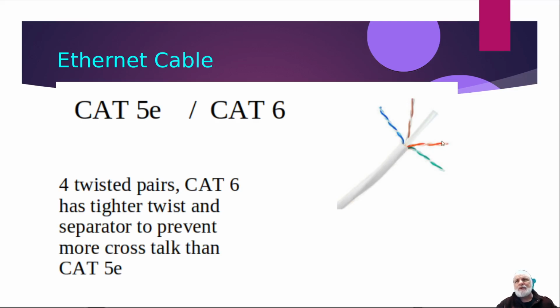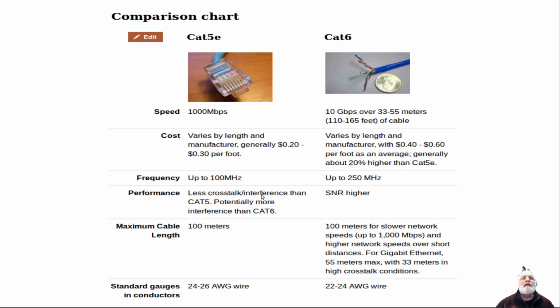Say the orange is going to transmit messages from A to B, and then the green is for B to transmit back to A. So we have multiple wires so we can send communications back and forth simultaneously.